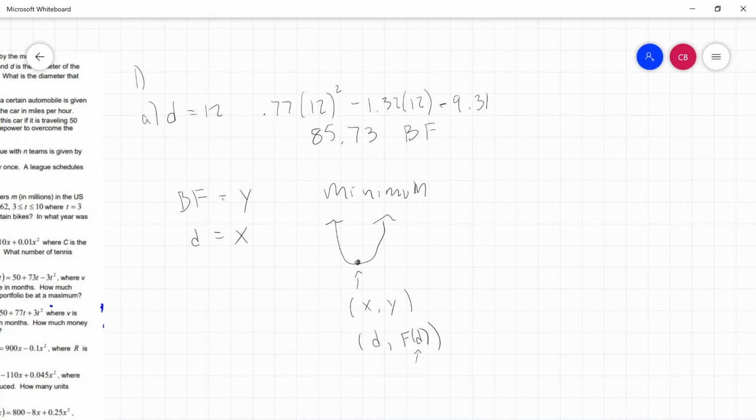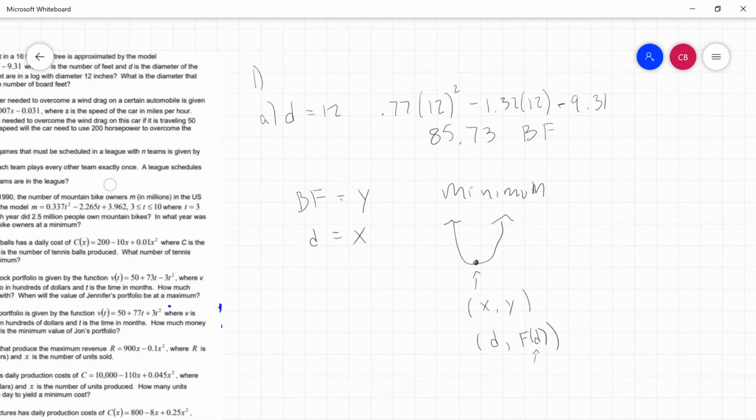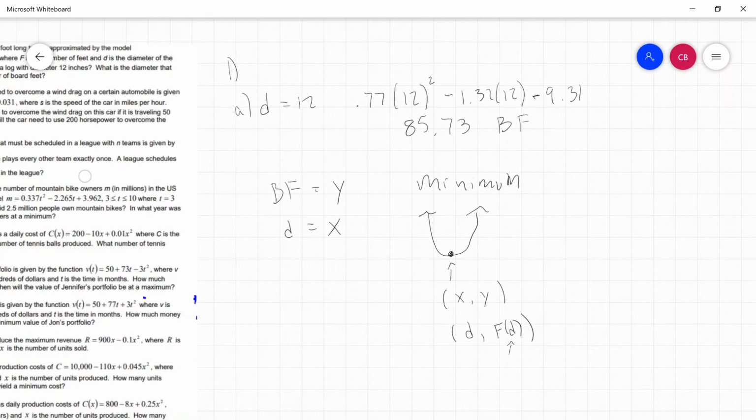And so if we want to find the minimum number, what is the diameter for the minimum, then we're looking for this number. And remember, we can find that by saying d is equal to negative b over 2a, or d is equal to negative 1.32 divided by 2 times 0.77.